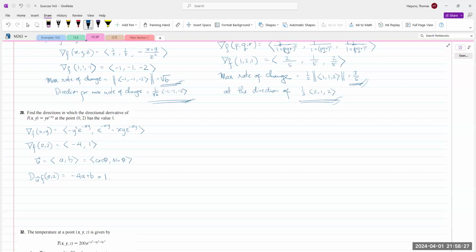Wow. Honestly, I don't know how to do this. Let's see. Do I compute it correctly? Yeah, I think I did it right. Okay, so yeah, we need to find theta, huh?